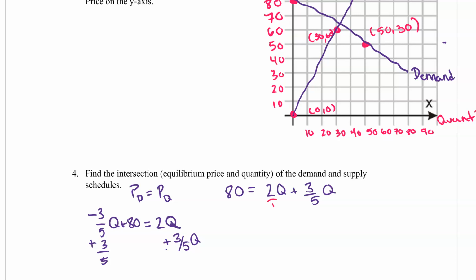So this is like 2 over 1, so I'm going to multiply this by 5 over 5. So I've got 10 over 5Q plus 3 over 5Q, so it's going to be 13 over 5Q, and that's still equal to 80.